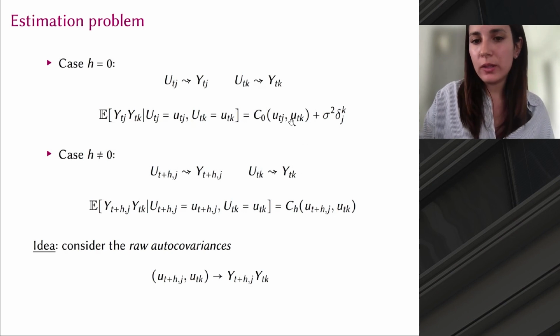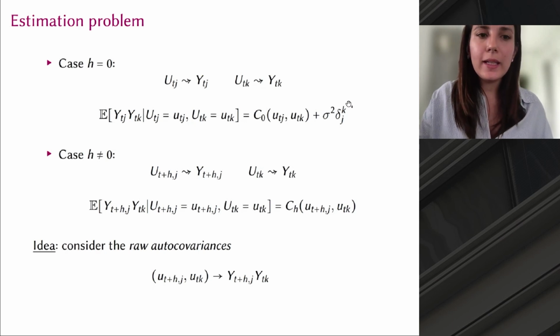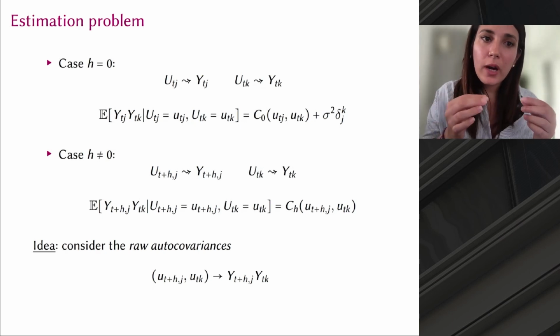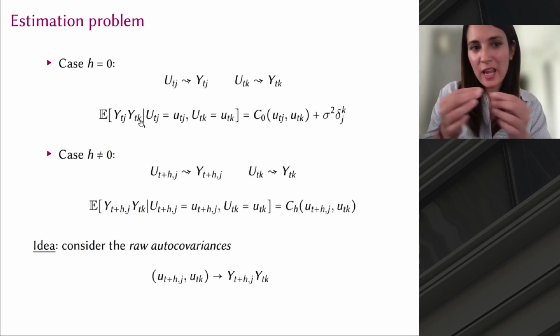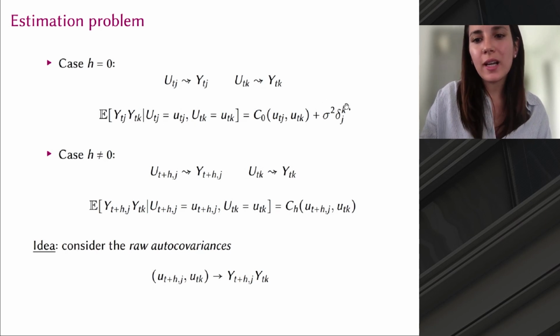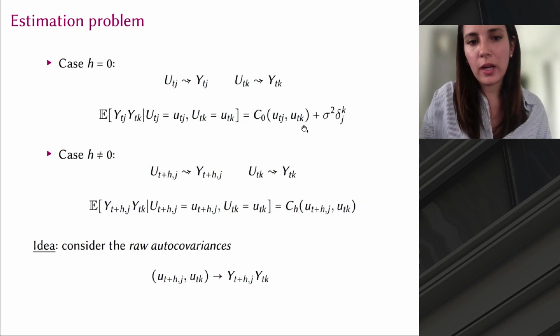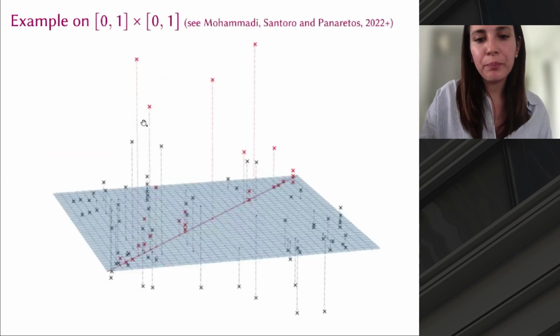If h is equal to 0, we have to keep in mind that there is also this term, sigma squared, which appears only if we are looking at j equal to k, so exactly the same observation, so actually the variance of Y. So for the case h equal to 0, we just have to discard the diagonal, let's say. We just have to discard the cases j equal to k.